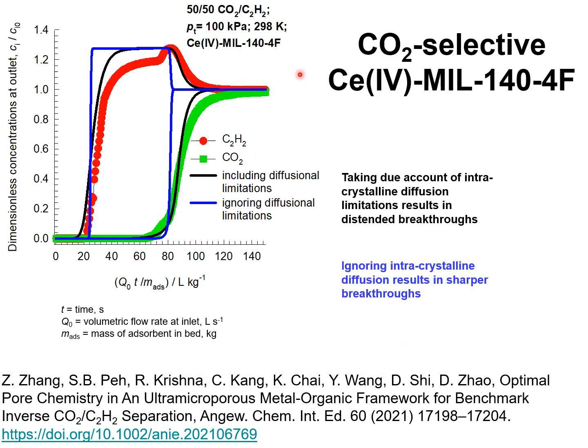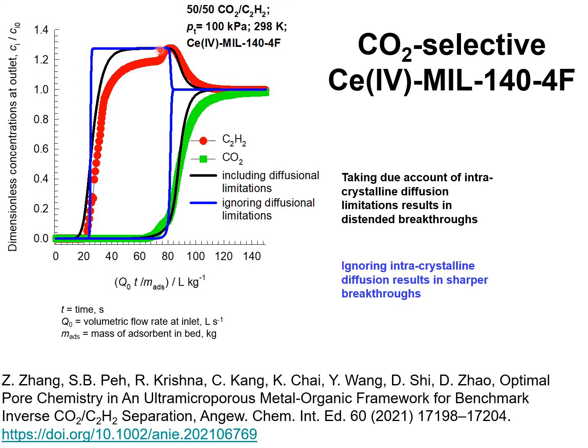This graph shows a comparison of the experimental breakthroughs for C2H2 and CO2, shown in red and green, with the two types of simulations that were described in the previous slide. The simulations indicated in black are the ones that include diffusional limitations, and the simulations indicated in blue are the ones where diffusional influences are ignored.